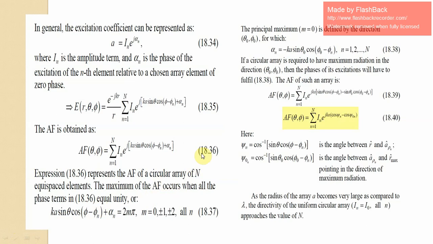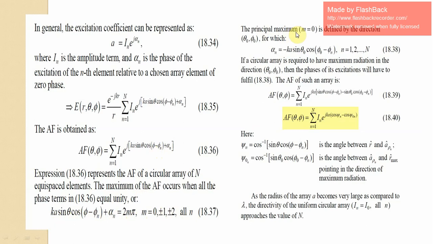with respect to equation number 18.36. And from that equation, the exponential term inside the square bracket, that is k sine theta cos of phi minus phi n, plus alpha n, will be considered as k sine theta cos of phi minus phi n plus alpha n, which is equal to 2m pi, where m is equal to 0, plus minus 1, plus minus 2, for all the n values.